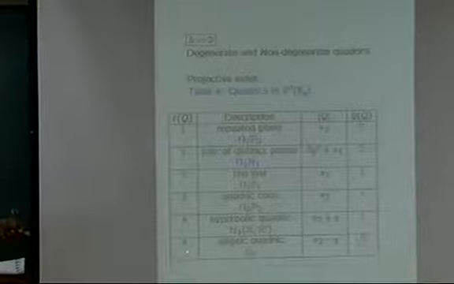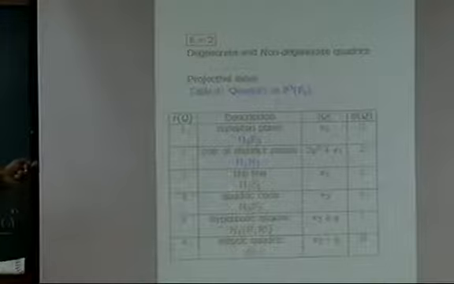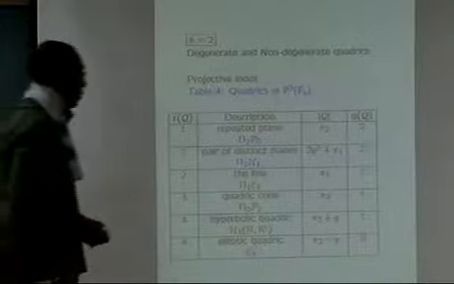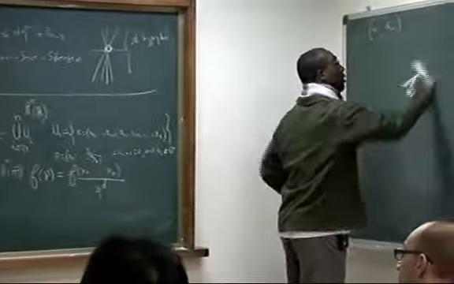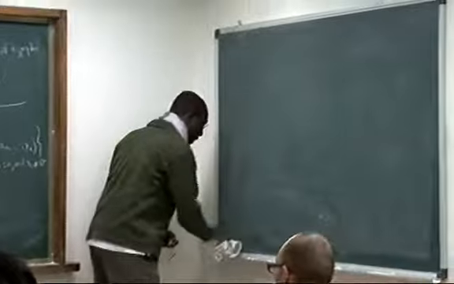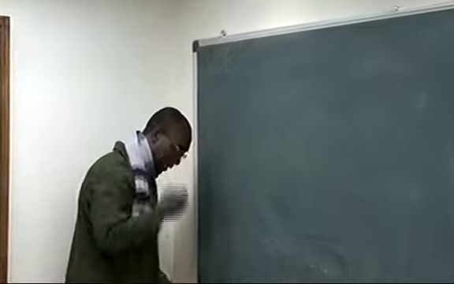Okay, now I want to study this case, the section of elliptic quadrics with the Hermitian surface. We know that the elliptic quadric does not contain a line.